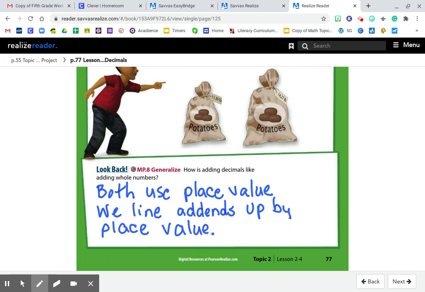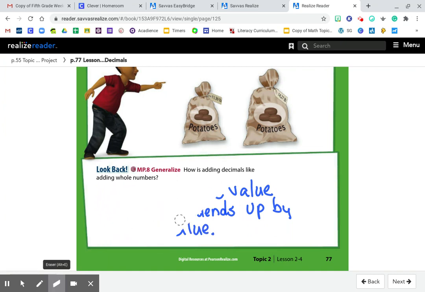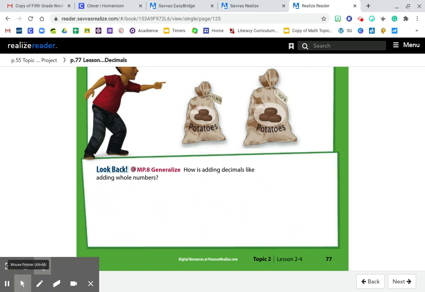So that's the key. Sometimes we might have to annex a 0 once in a while, but in that example today, we didn't have to do that. But we will later on.